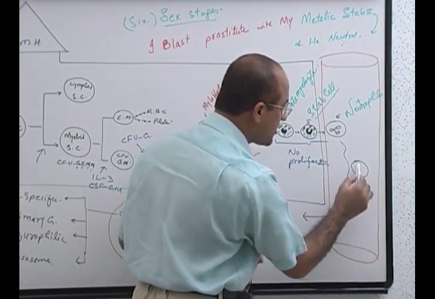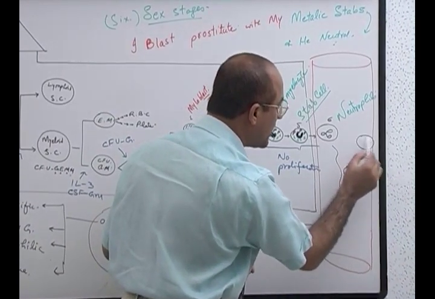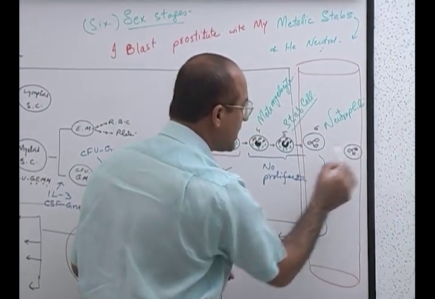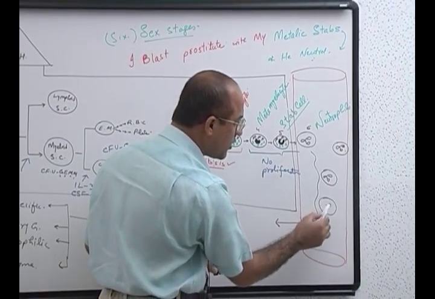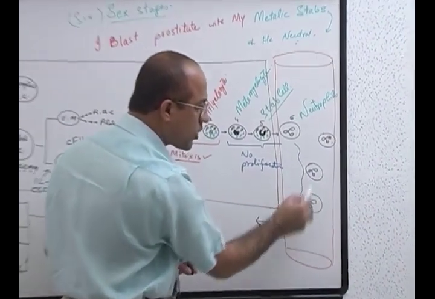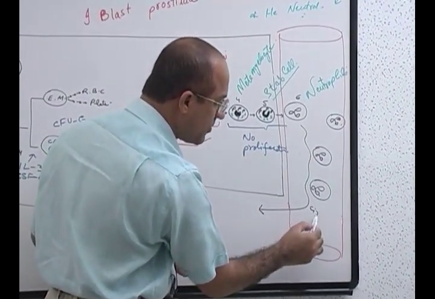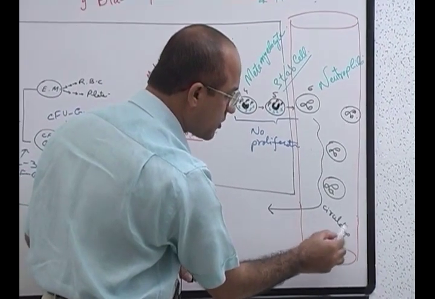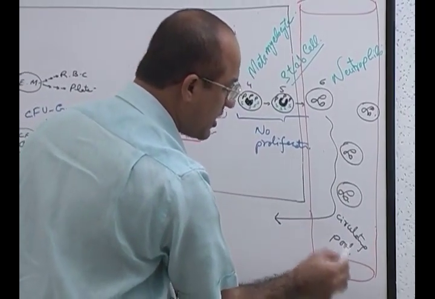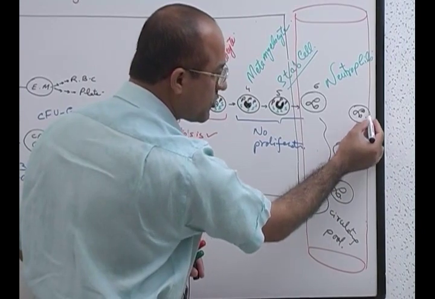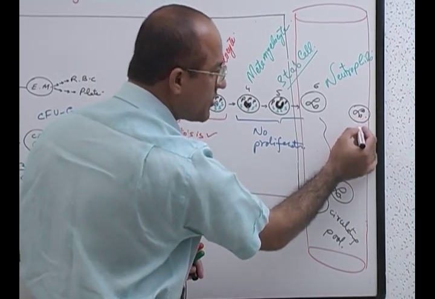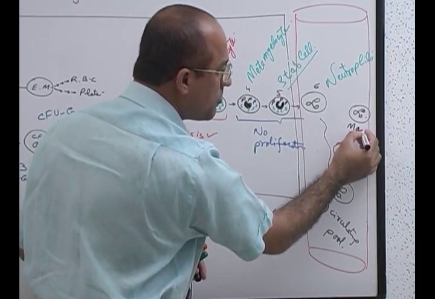Right? Some of them are circulating, some of them are loosely attached with the endothelial cells. The cells which are circulating are called the circulating pool. What is it called? Circulating pool of neutrophils. And some neutrophils which are loosely attached with endothelial cells in the small vessels are called the marginated pool.